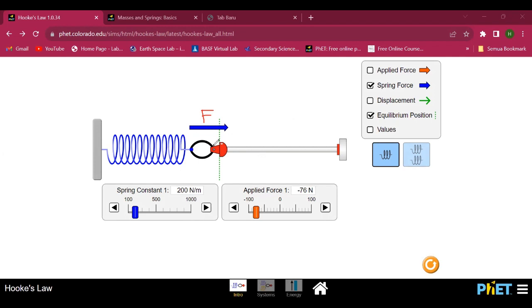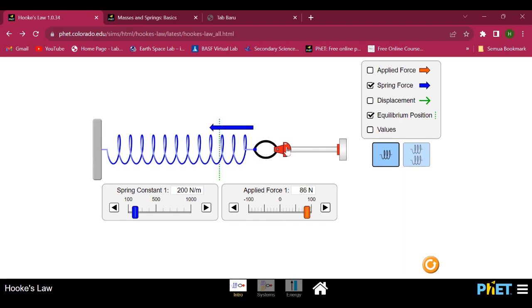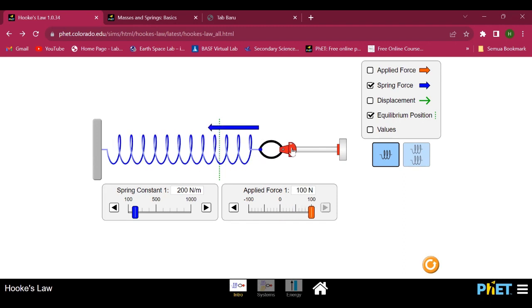Now I'm going to show you. I will set the spring in the normal position like this, in the equilibrium position. Now I'm going to show you when you pull the spring.